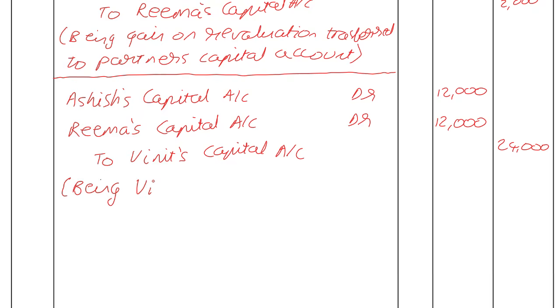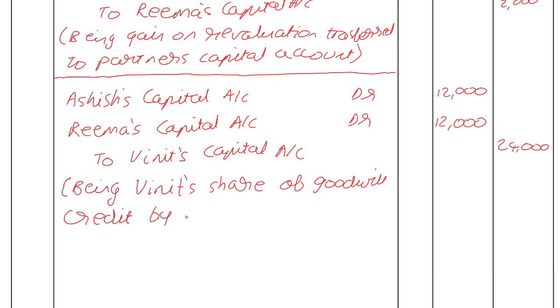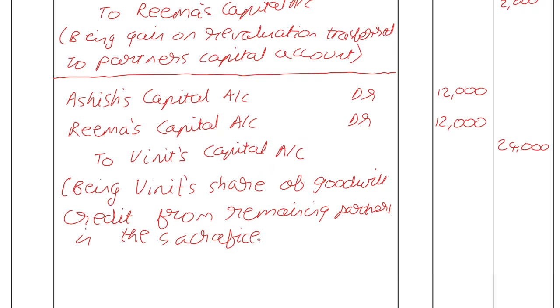Being Vinit's share of goodwill credited by remaining partners in the sacrifice ratio.